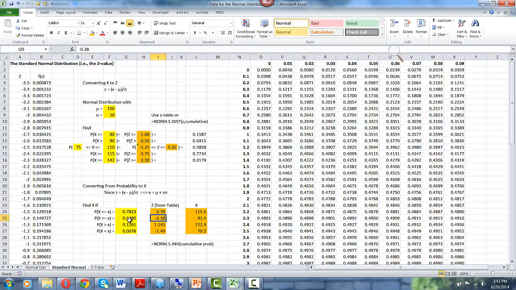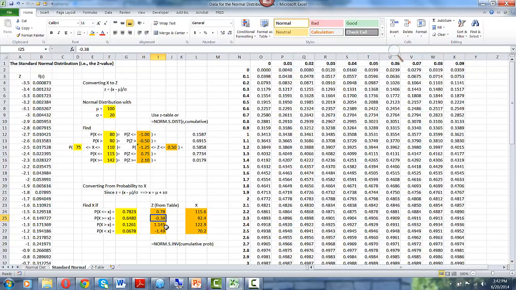Where I'm going to take 0.648 minus 0.5, so I'm going to look at 0.148. The value is 0.38, but I know it's got to be a negative, because I'm looking at greater than or equal to, and this is greater than 0.5, so that's got to put me below the mean, below the 0 for the z.